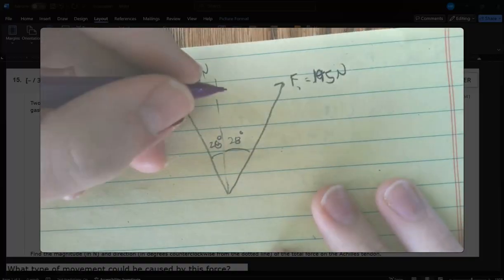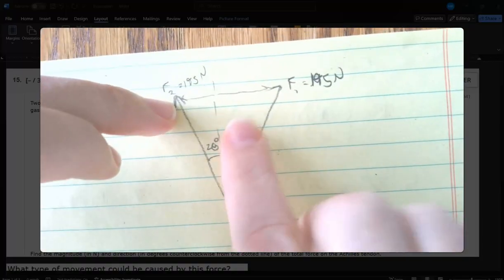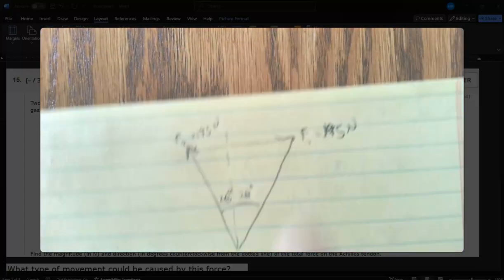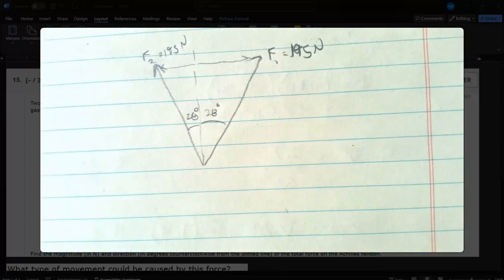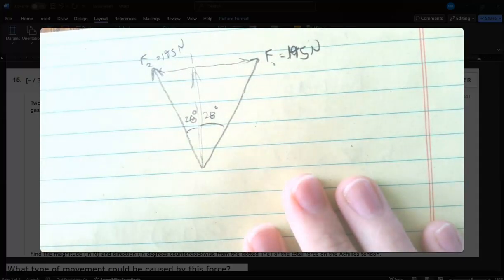Here we're going to have a horizontal component going this way and a horizontal component going that way, but they're the same and in opposite directions, so they cancel themselves out. So we really just have to worry about the vertical components of my forces.